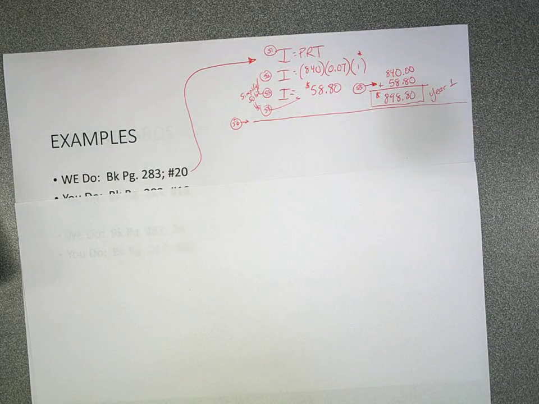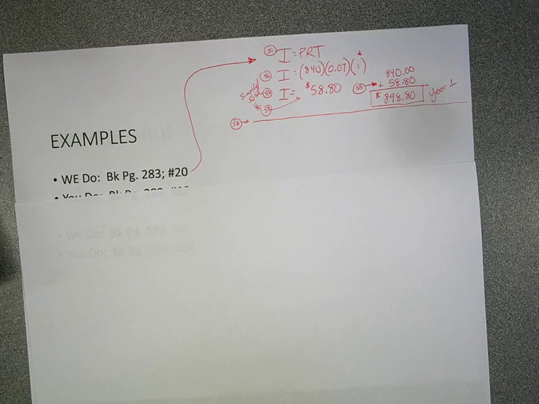It seems so silly because I just called it the most important part, but compounded interest, when you're solving it on paper, is all about organization and keeping track of what all these figures are.